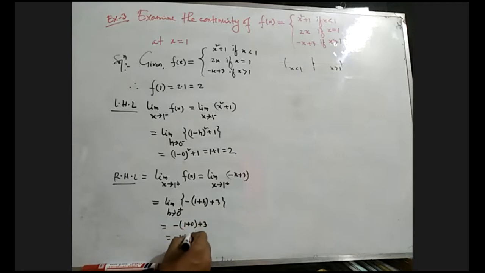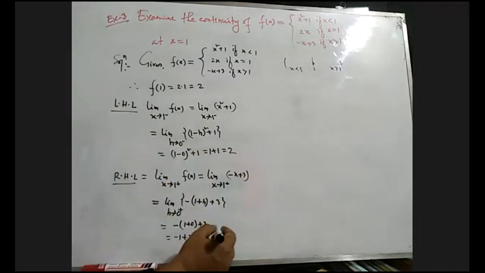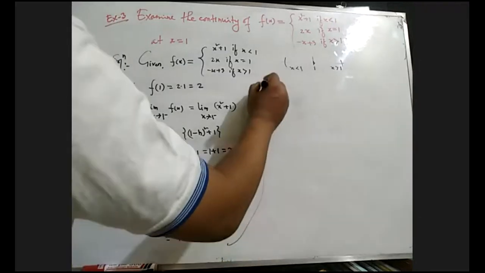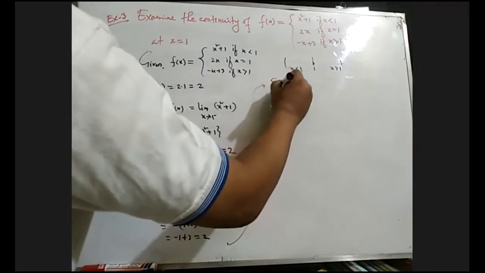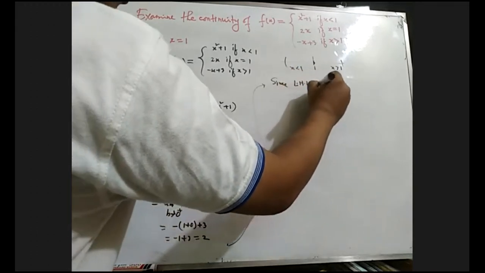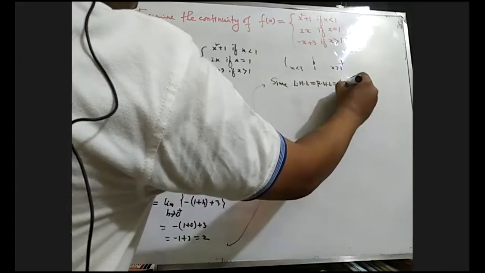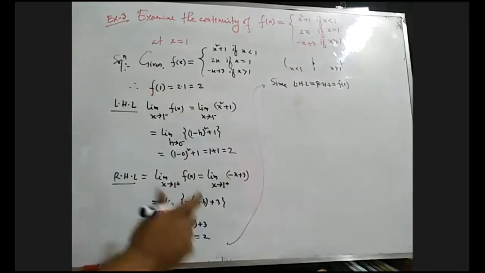Minus 1 plus 3. This equals to also 2. Since left hand limit equals right hand limit equals f of 1, that means the three values are equal.